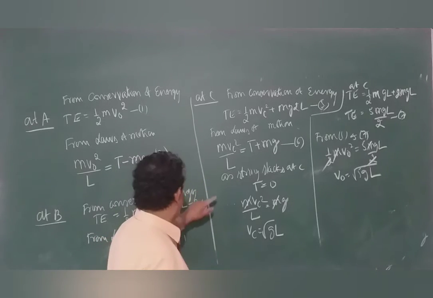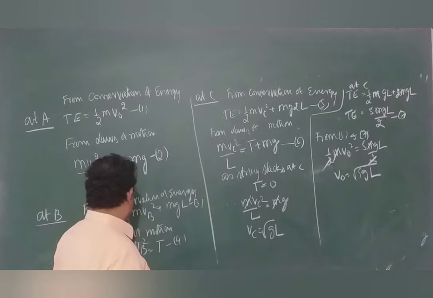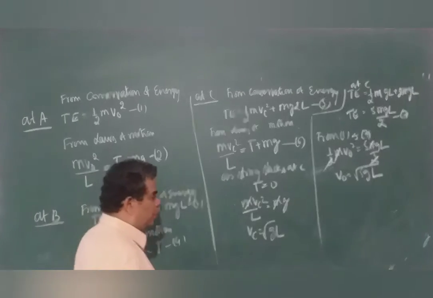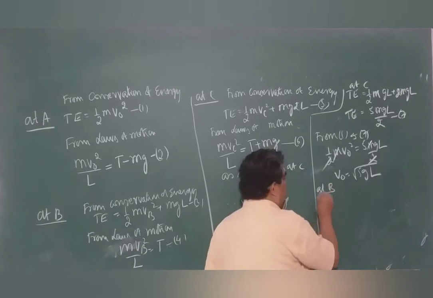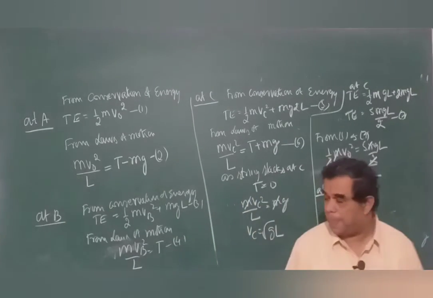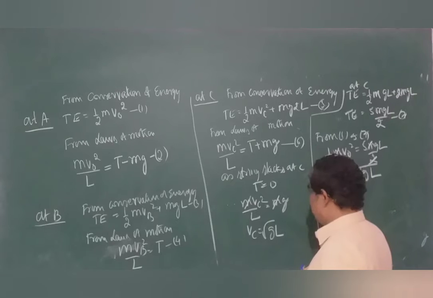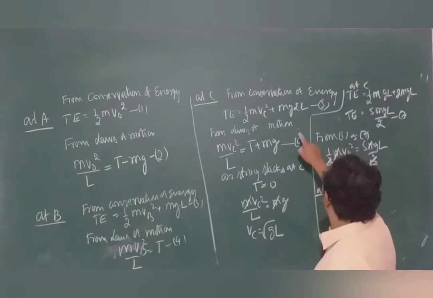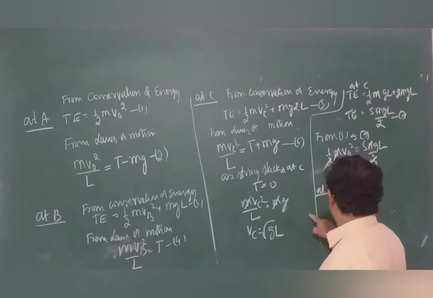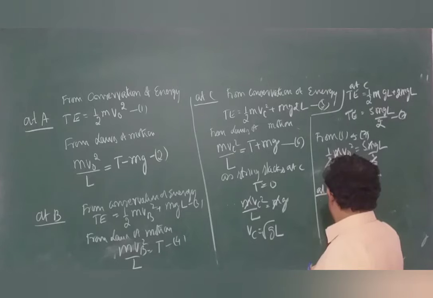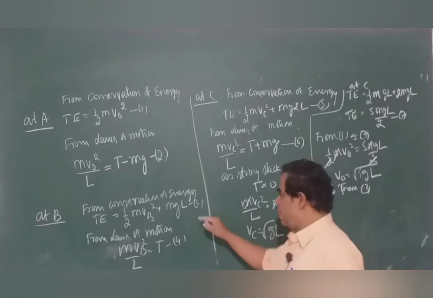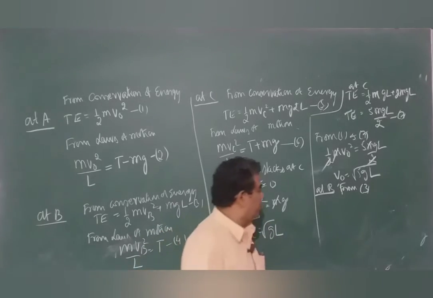How to calculate Vb? We come from the total energy expression. At B, total energy is again what we have written as 5mgL by 2. So, from equation 3 here, we substitute everything.